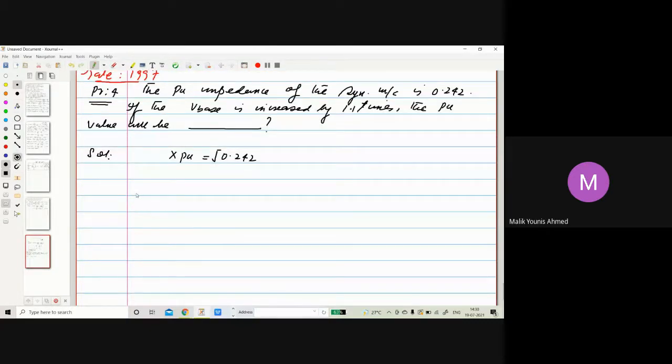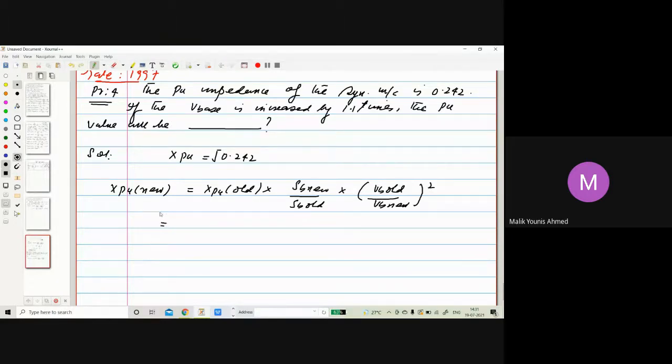So what is the formula? We'll keep on repeating the formula so that we can memorize it. XPU new is XPU old multiplied by S base new divided by S base old multiplied by V base old divided by V base new, whole square. This is the way to find XPU new.